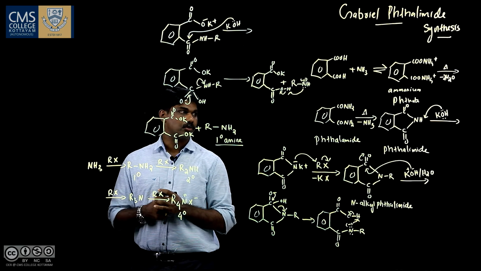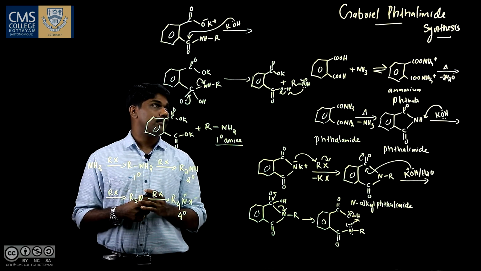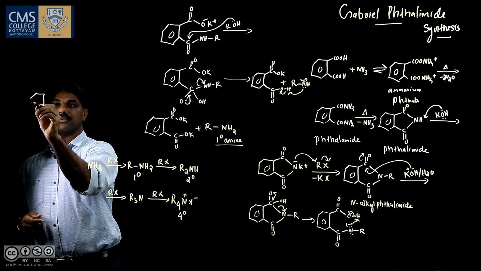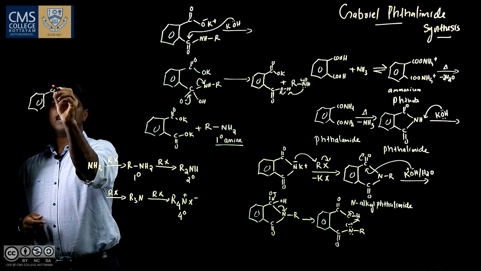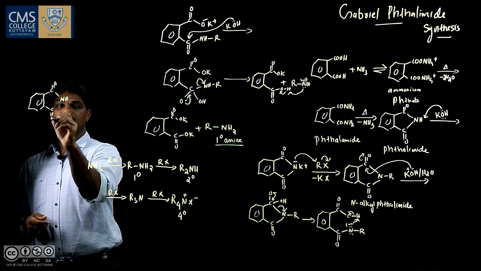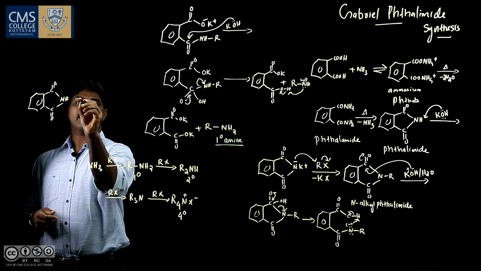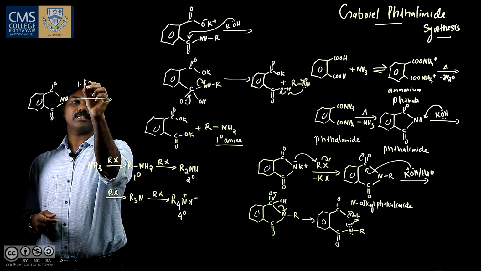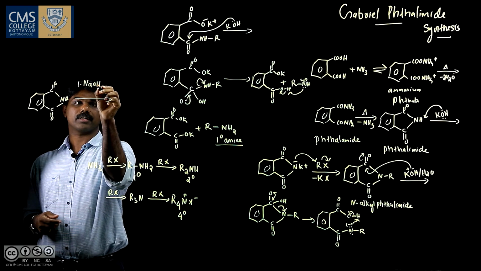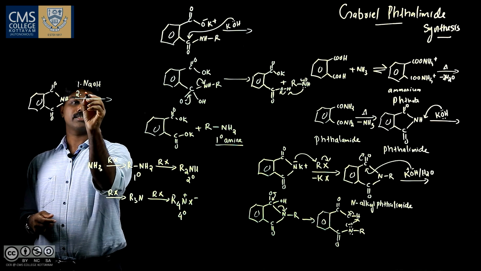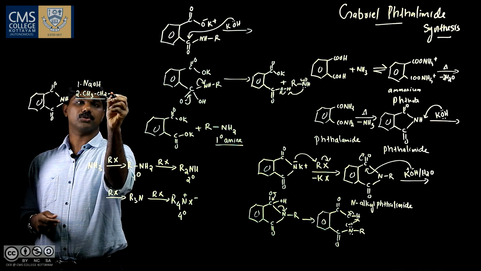Now I will write one particular example for this Gabriel-Phthalimide reaction. You have phthalimide, C double bond O NH, C double bond O. When you treat it first with an alkali, let me take NaOH here instead of KOH, then the reagent alkyl halide is CH3CH2Br.